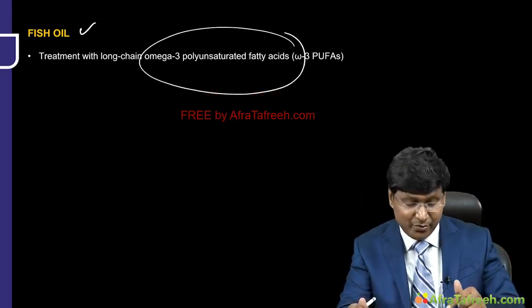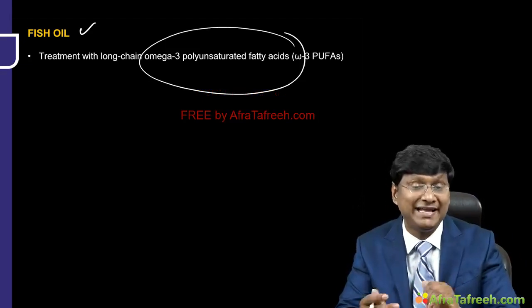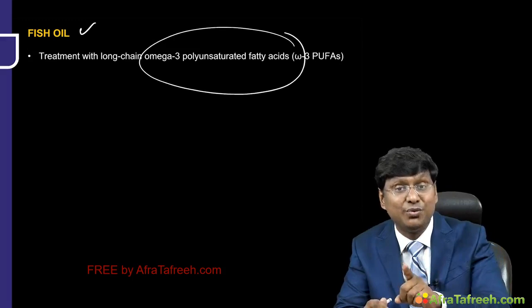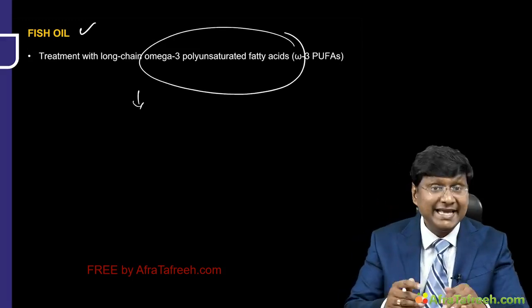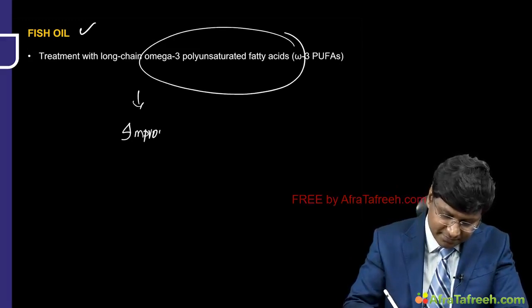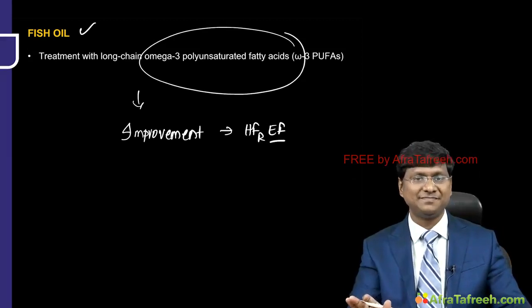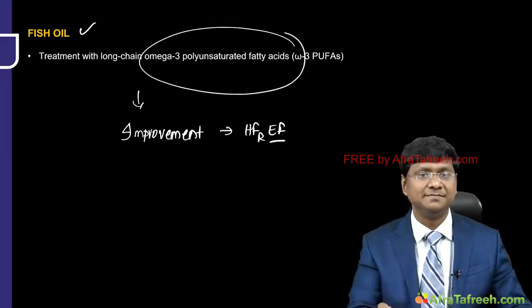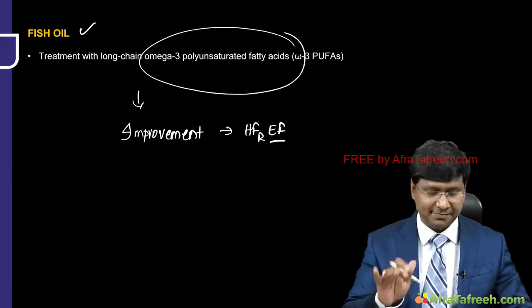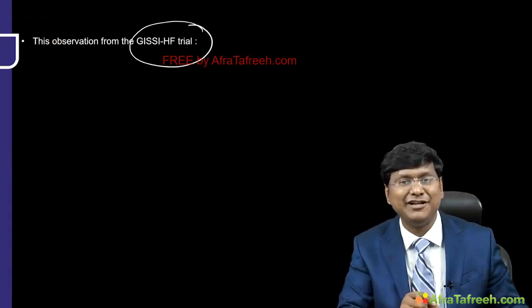Treatment with long chain omega-3 polyunsaturated fatty acid has been shown to be associated with improvement in the clinical outcome in heart failure with reduced ejection fraction. Clinical outcome was good, and the trial done was the GISSI heart failure trial.